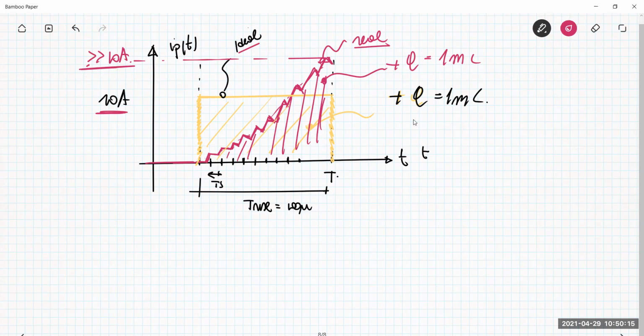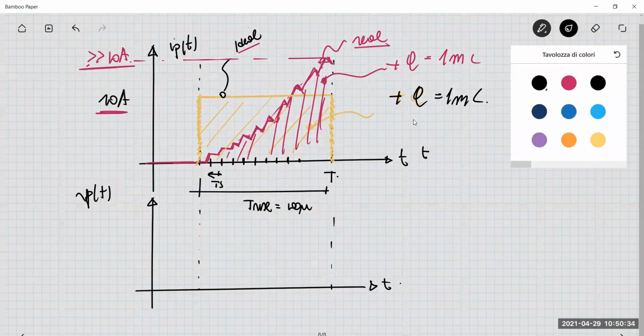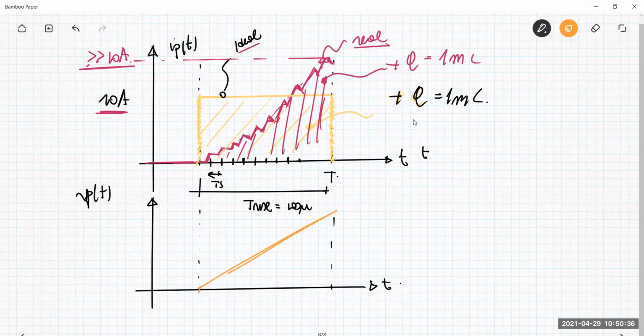Then there is another drawback of this behavior, concerning the voltage VP across the capacitor. The voltage VP across the capacitor has the ideal behavior, let me put this in yellow again here, rising from 0 to 200 volt only if the current is constant, this one.